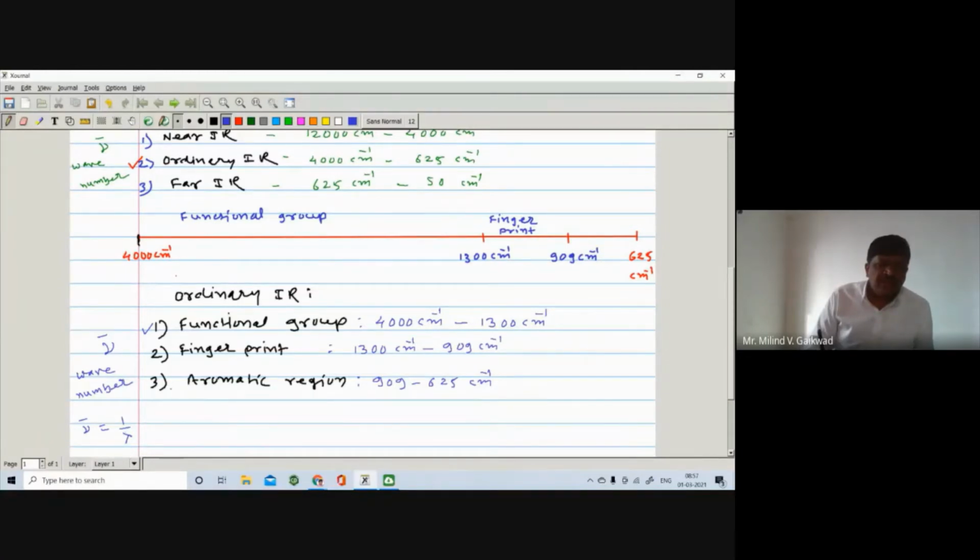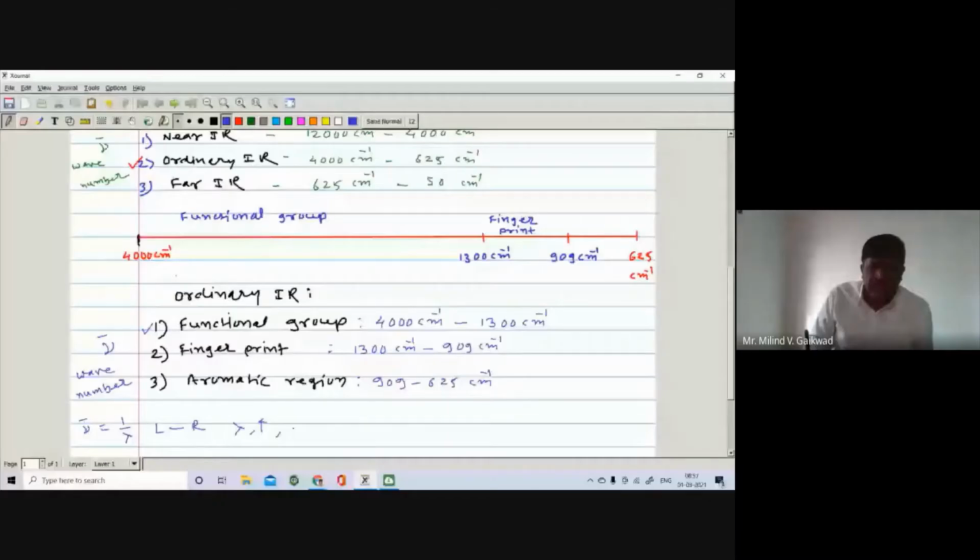As we move from left to right, lambda gets increased, and that's why the wave number gets decreased. They are inversely proportional to each other.